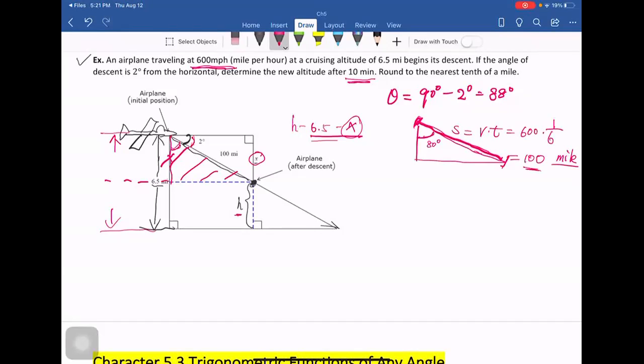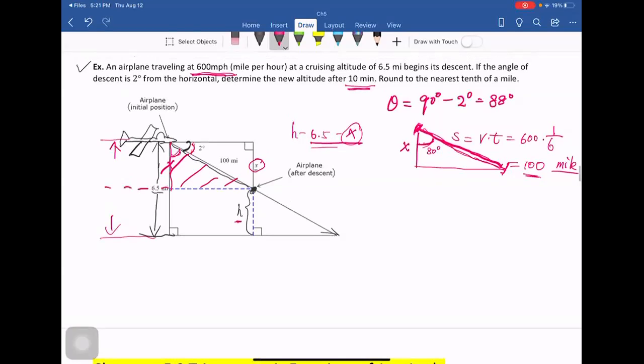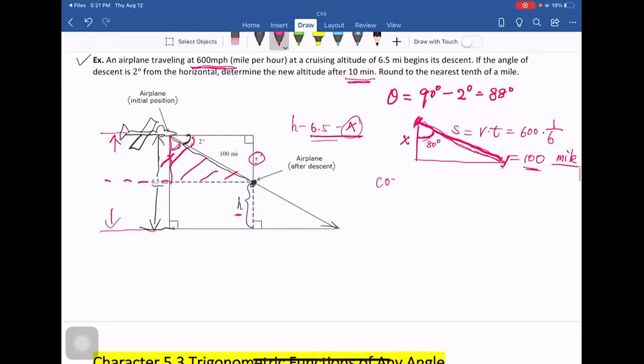Right now, if we are looking for x, we know the hypotenuse and the acute angle. We find x because cosine 88 degrees equals x over the hypotenuse, which is 100. So x equals 100 times cosine 88 degrees. Use the calculator to find it.